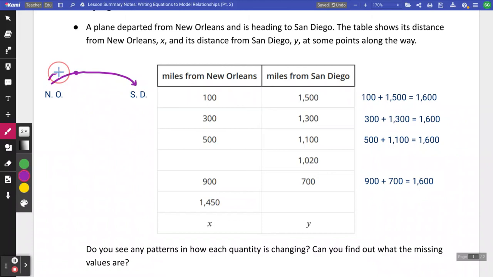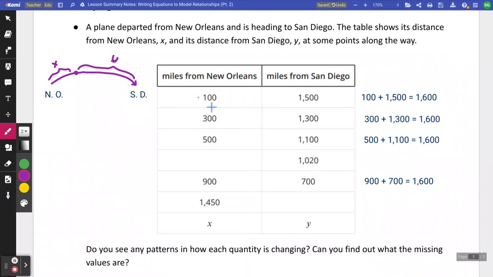If we're saying that distance from New Orleans, which we're calling x, and that distance from San Diego, which we're calling y, if we say x plus y equals 1600, it must mean that that total flight is 1600 miles.